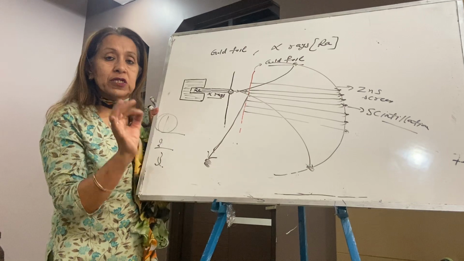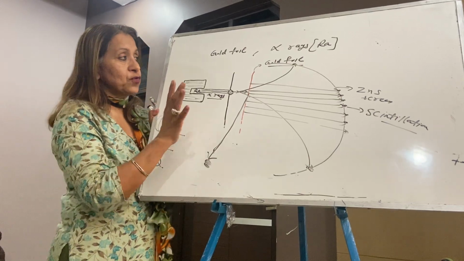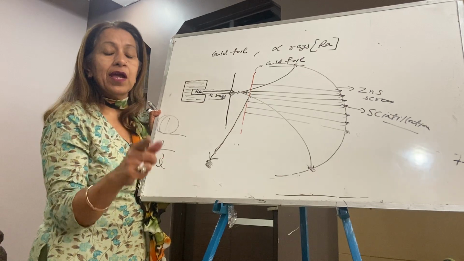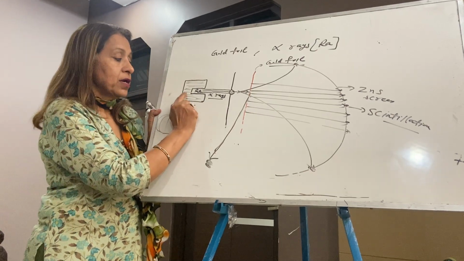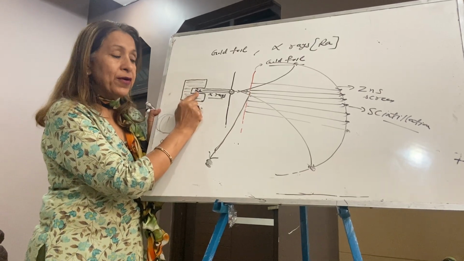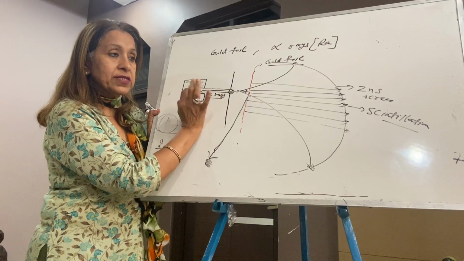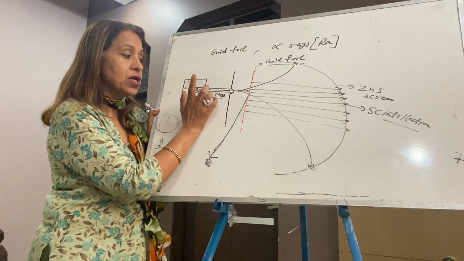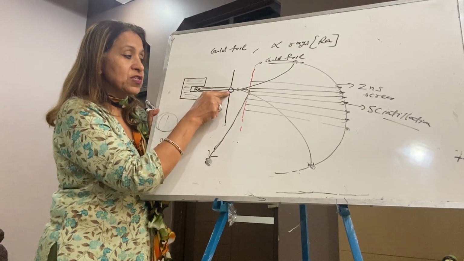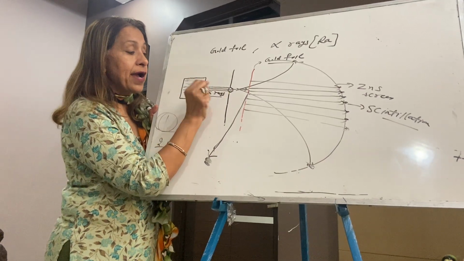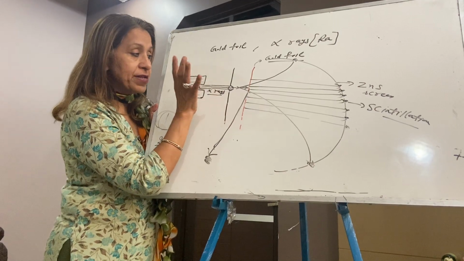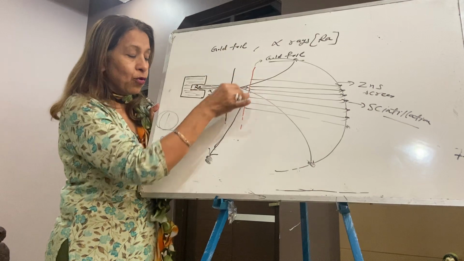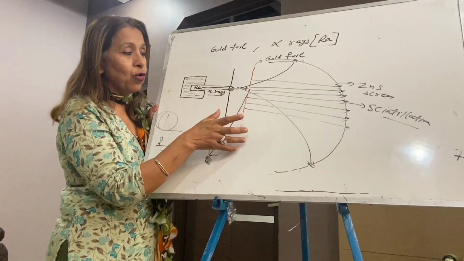Now I'm going to explain each one. First of all, listen to the experiment again. Rutherford alpha ray scattering experiment. Lead block, radium, radioactive. A number of alpha rays come out. This is your lead shield, this is a slit, so that at very high pressure alpha rays come out and fall on the gold foil.